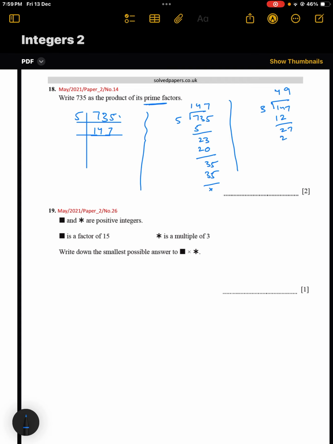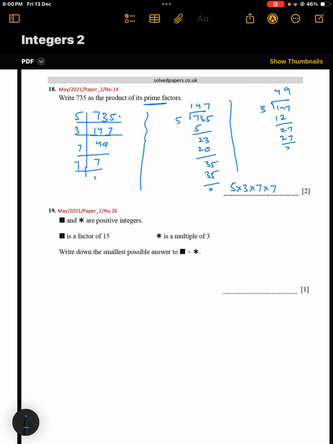Yes, 49. So we'll write 3 and 49. Now 49 is divisible by 7, 7 times 7. So this is how we get our answer. So prime factorization of this will be 5 times 3 times 7 times 7. This will give us the answer.